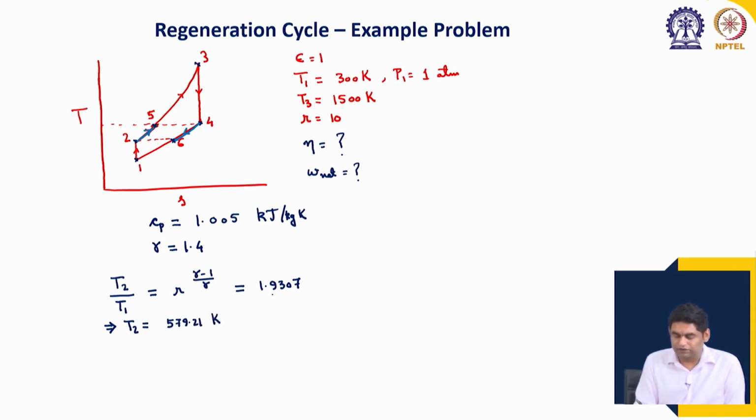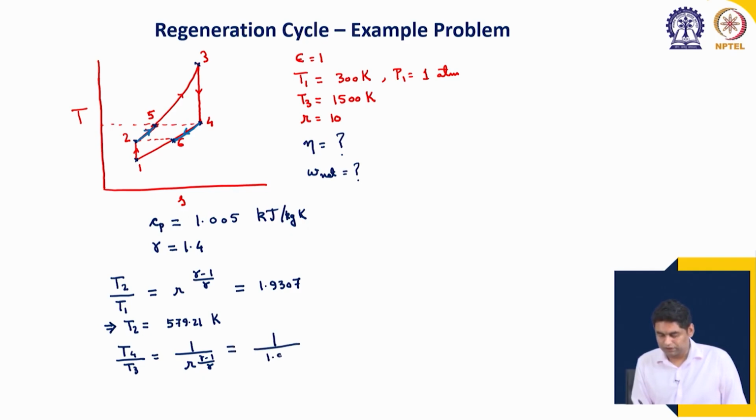This is obtained using this value of the ratio and T1 equal to 300 Kelvin. Similarly, T4 by T3 we had seen, and again in this case also you can see that this is 1 by R to the power gamma minus 1 by gamma, which is 1 by 1.9307.